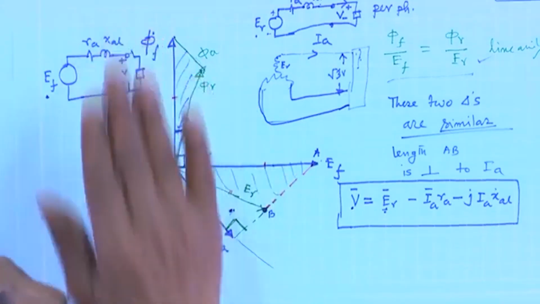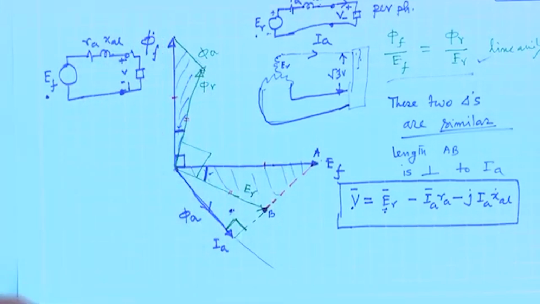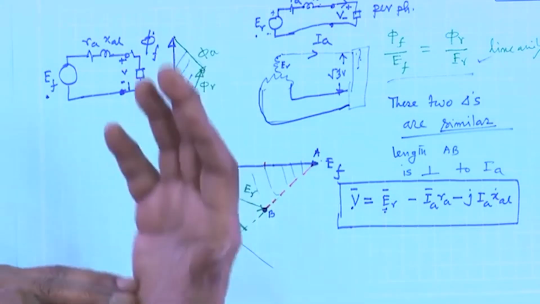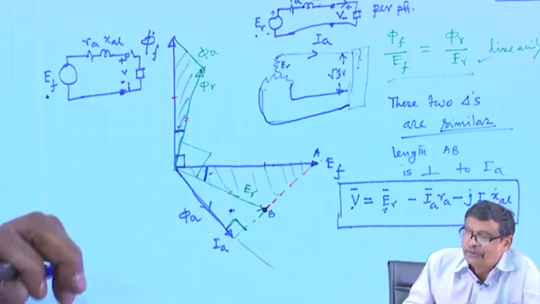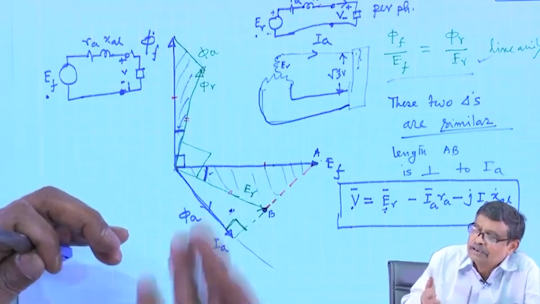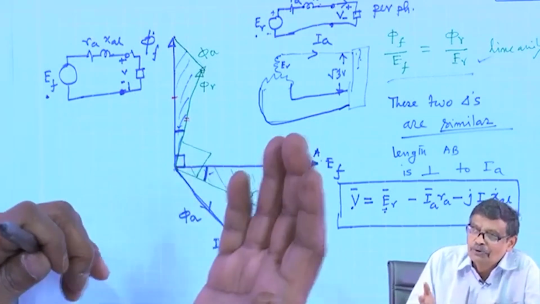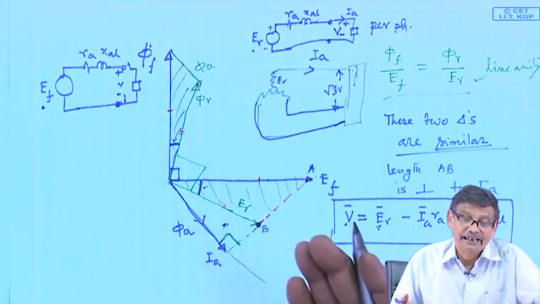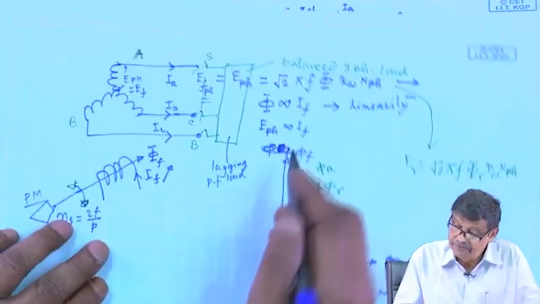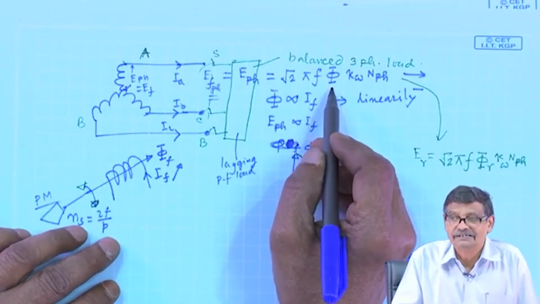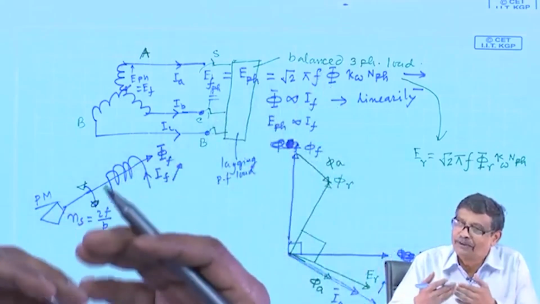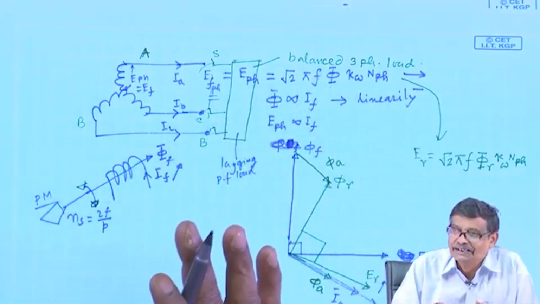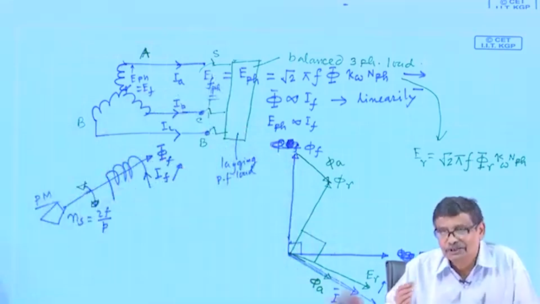See, the moment you load the machine, flux per pole is no longer phi f, it is phi r. The machine does not know; the winding will respond, okay, you are rotating that coil at some synchronous speed, all things are fine. Induced voltage will now be root 2 pi f phi r, because that phi f is not the only one inducing voltage, along with phi a.